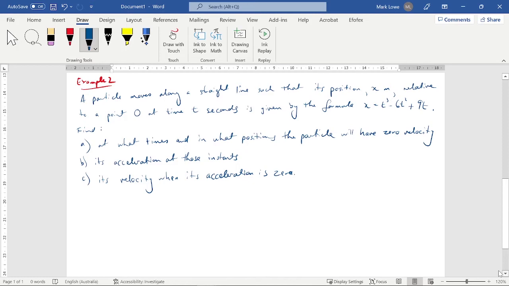So if we're thinking in terms of calculus, we've got an object moving according to a particular rule. In this case, it's a cubic: t cubed minus 6t squared plus 9t. The velocity of that particle would be the first derivative of that function.